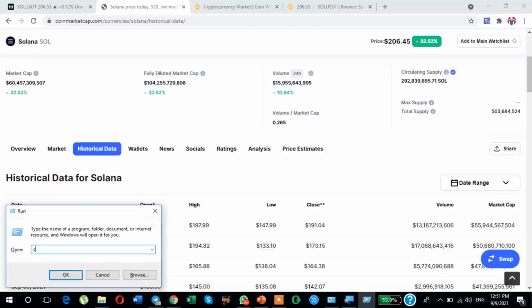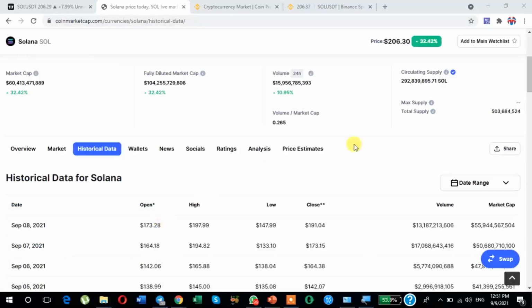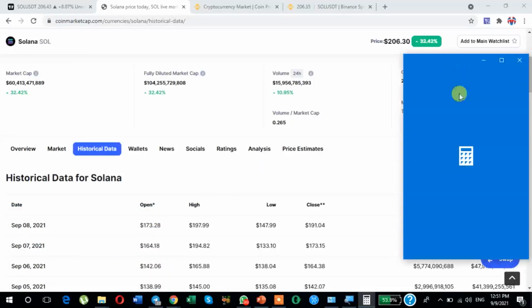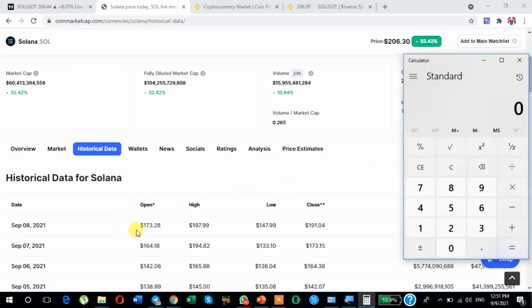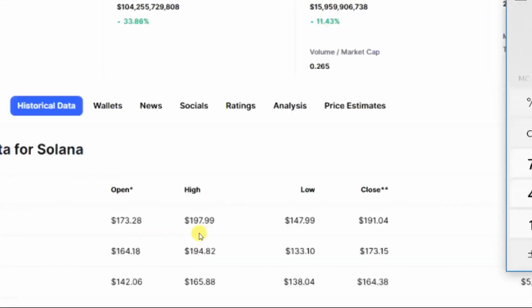For example, you can calculate the spread in this way: 173.28 minus the close price of 191.04. There is a $17 difference between open price and close price.